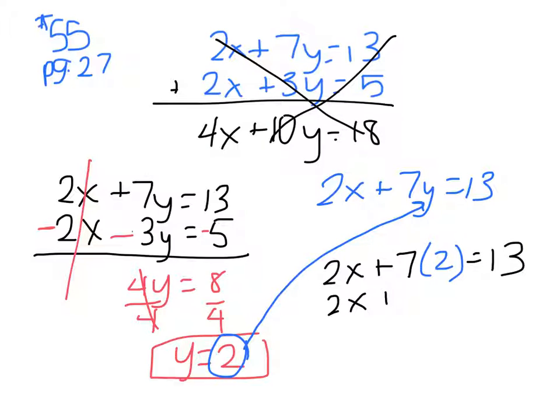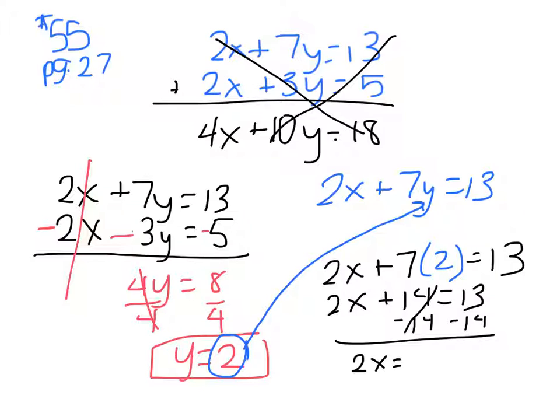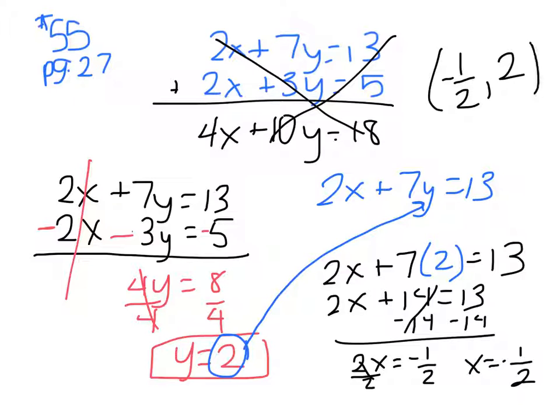So 2x plus 14 equals 13, and we can solve for x. So 2x equals negative 1 divided by 2. X equals negative 1 over 2. So our ordered pair is (negative 1/2, 2). So we can eliminate, but this time we're using subtraction.